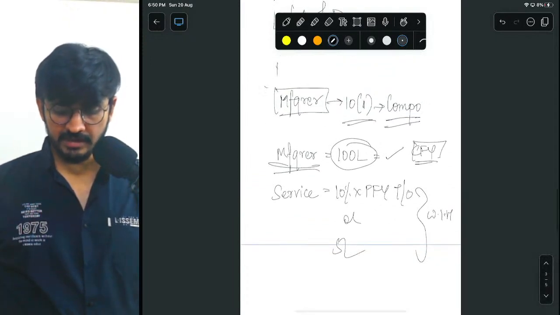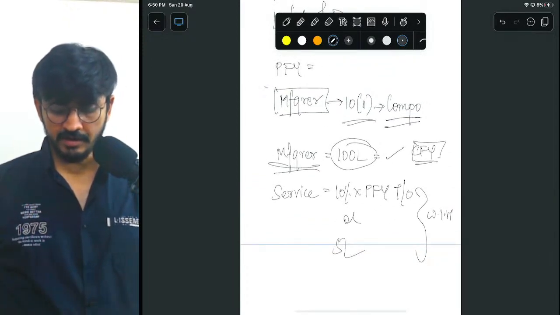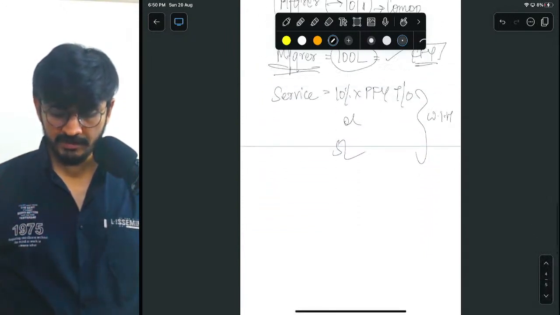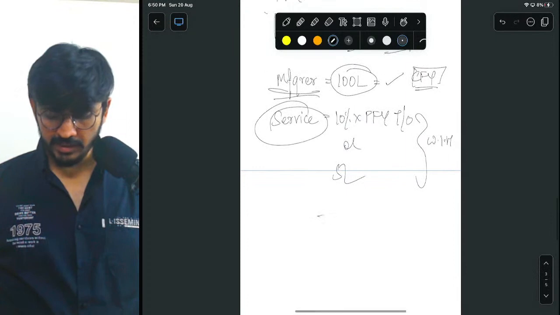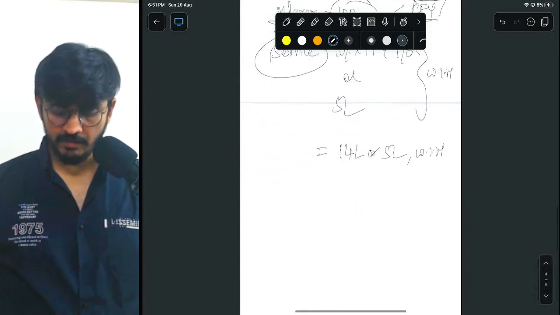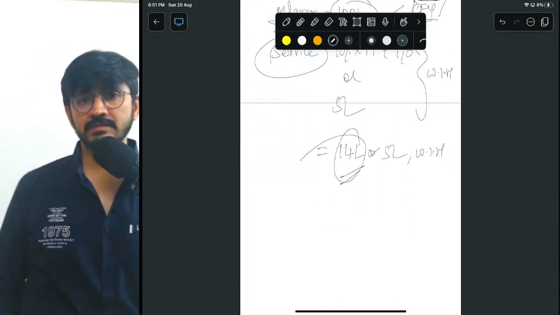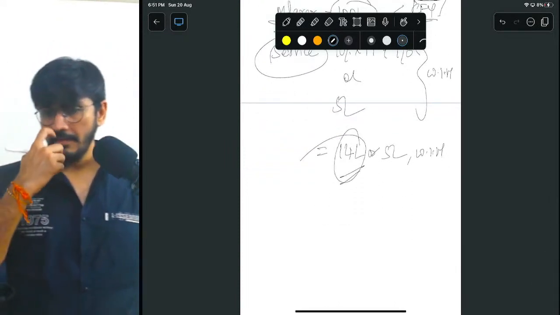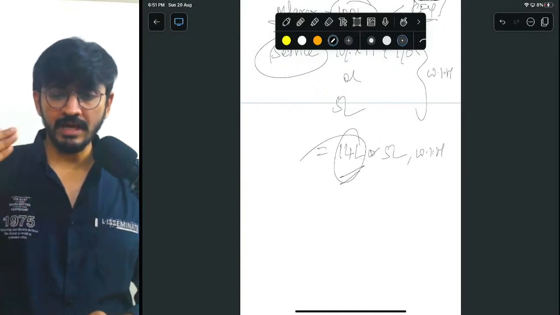In the preceding financial year, your aggregate turnover was, let's say, 140 lakhs. So you can give service to the extent of 14 lakhs or 5 lakhs, whichever is higher, that amounts to 14 lakhs.